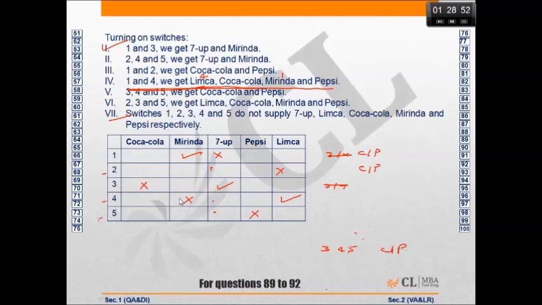1, 4 is Limca, Coke, Mirinda, Pepsi. 3, 4, 5 Coke, Pepsi. 2, 3, 5 we get Limca, Coke, Pepsi, Mirinda.